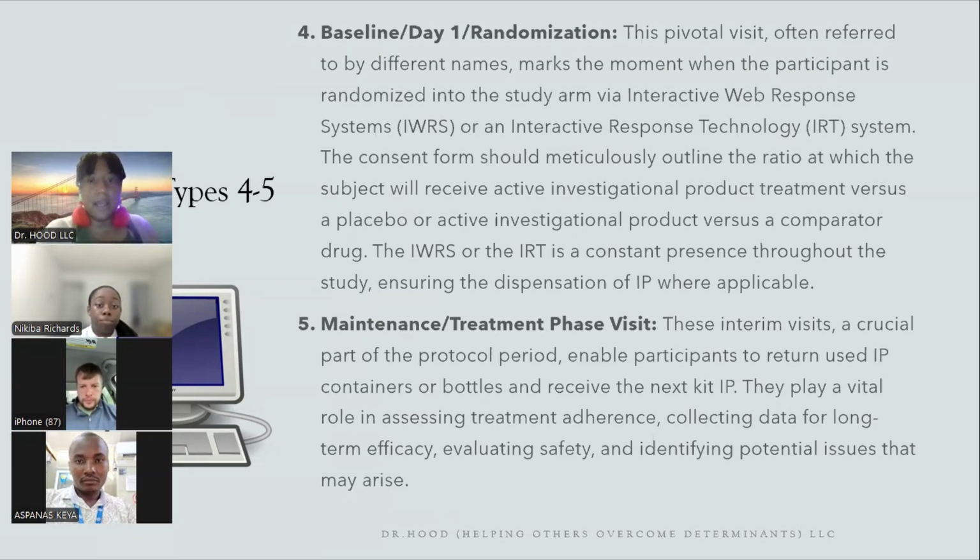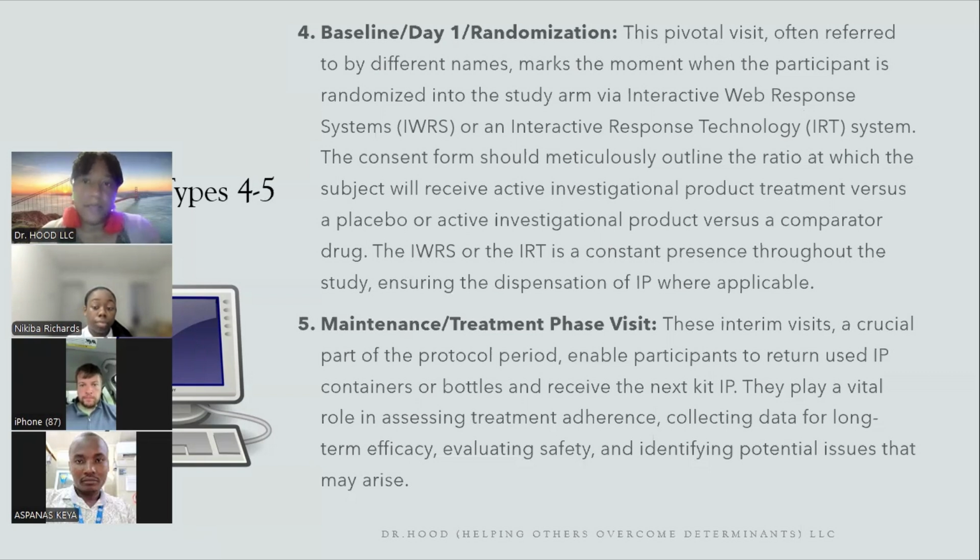You've got an adolescent group, an 18 to 65 group, and a 65 and older group, and based on their age group is the dosage they might receive. As a study coordinator, you need to make sure you enter that date of birth correctly in what's called the interactive web response system, IWRS, or the interactive response technology system, the IRT.